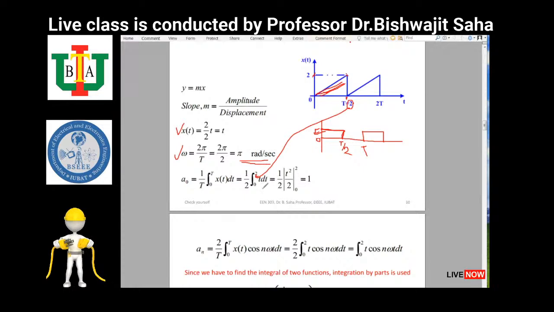So the integration of t dt equals t squared by 2, right? Yes, sir. So that is half, t squared by 2, from 0 to 2. Put in the limits and calculate it. So what is the DC value of the given signal? 1.